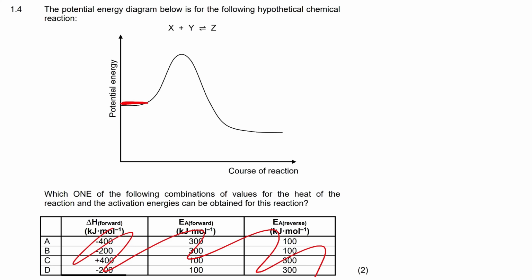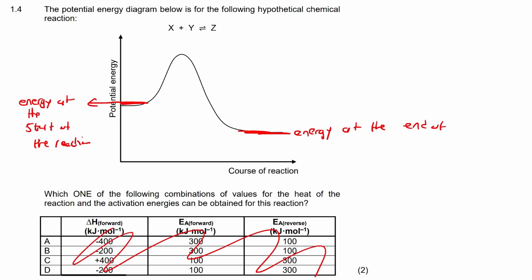So this part over here is the original energy. So it's the energy at the start of the reaction. Then this part over here, this is the energy at the end of the reaction. Okay, that's if we're going in the forward direction.